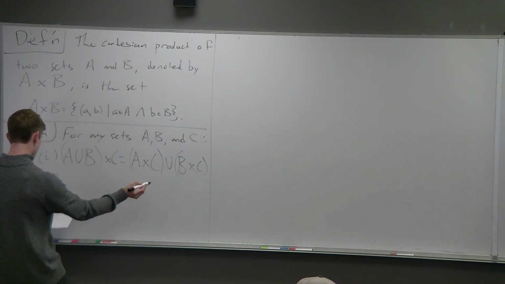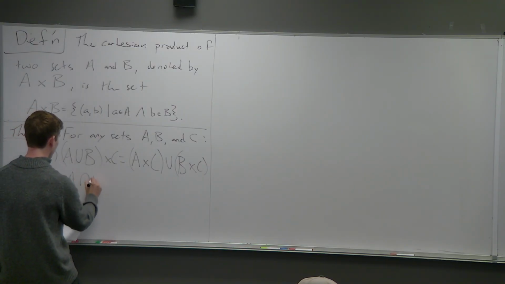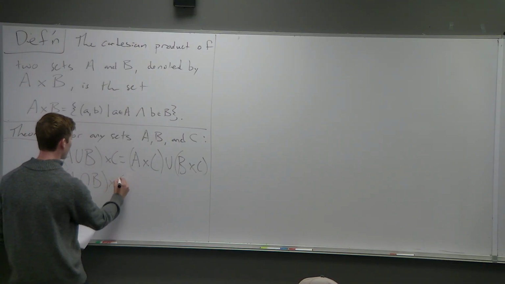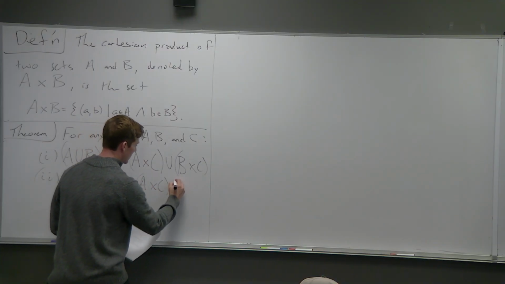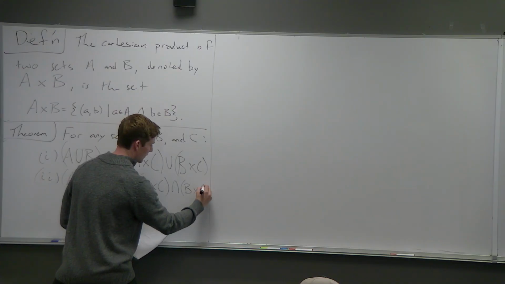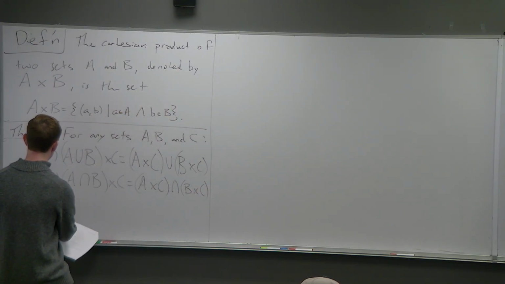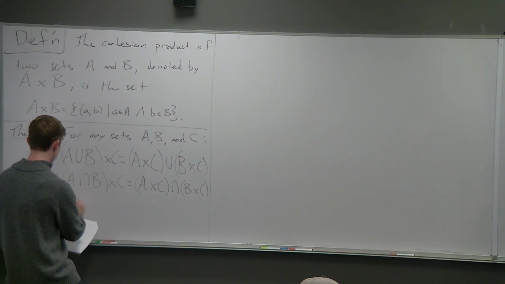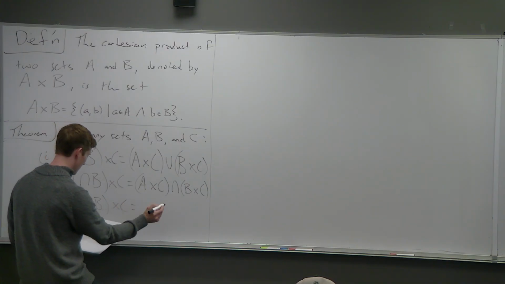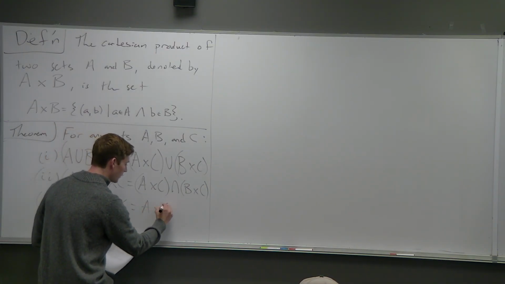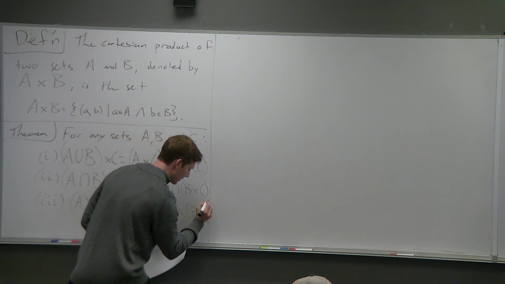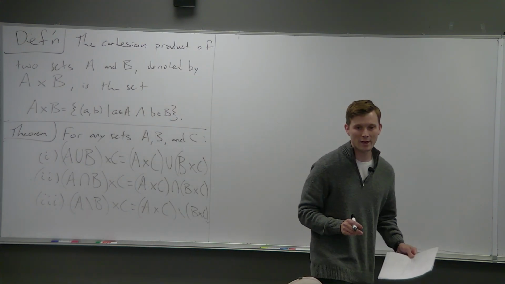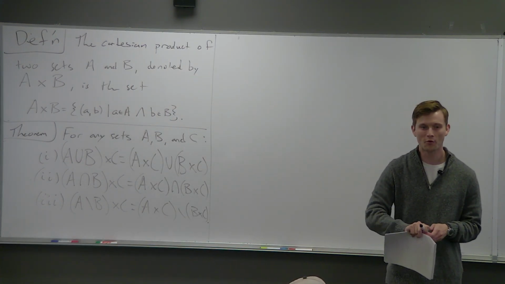Likewise, we had that (A intersect B) cross C is equal to (A cross C) intersect (B cross C). And finally, we had that (A set minus B) cross C is equal to (A cross C) set minus (B cross C). That is, everything works as well as you could hope for.